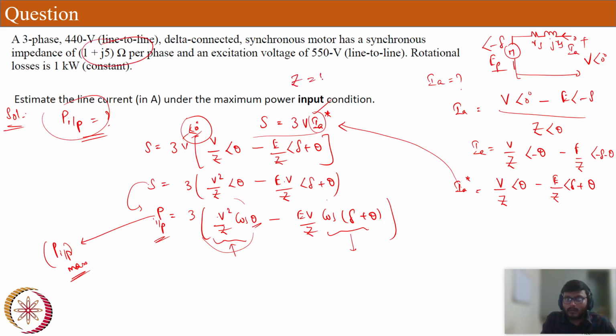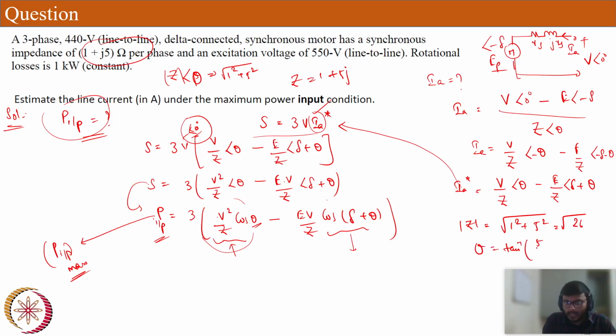If Z is 1 plus 5j, the magnitude of Z is root of 1 square plus 5 square, which is root 26. And theta is tan inverse of imaginary part by real part, tan inverse of 5. How much is tan inverse of 5?